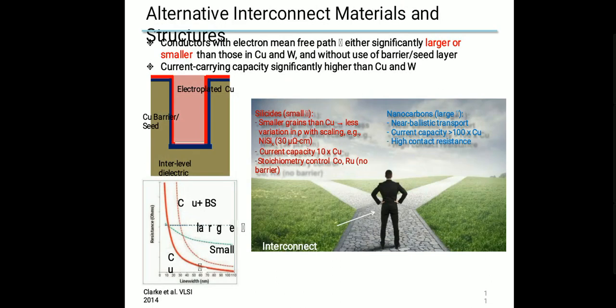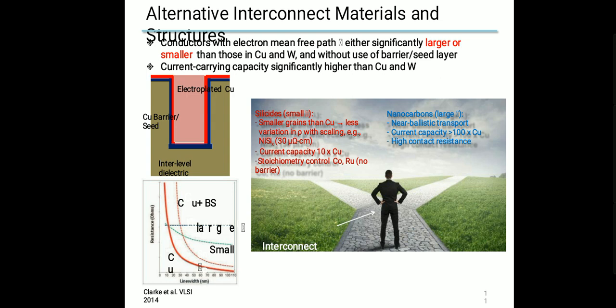Then alternative interconnect materials and structures. What are these? Conductors with electron mean free path, where mean free path means the successive distance between two points, either significantly larger or smaller than those in Cu and W. What are these?